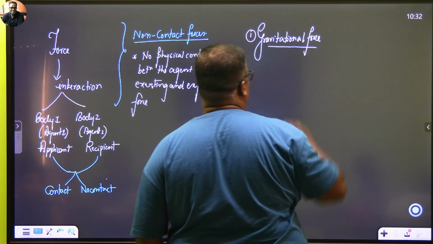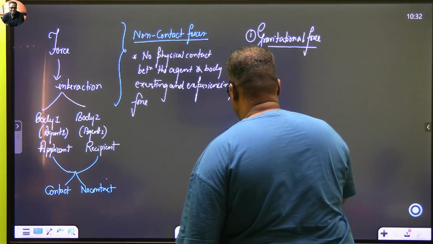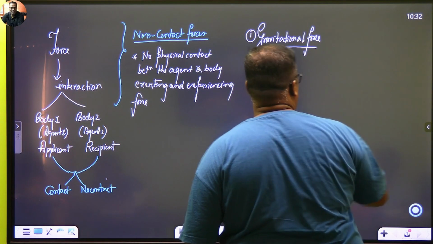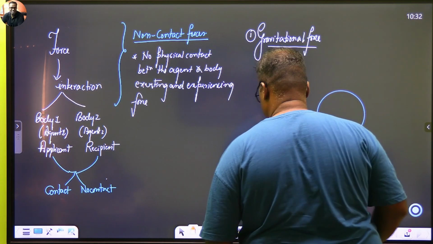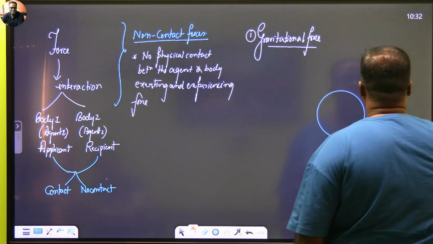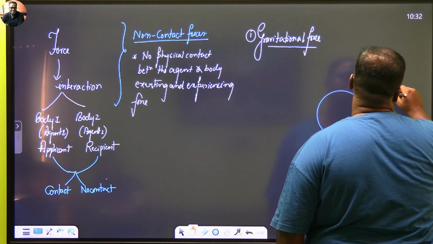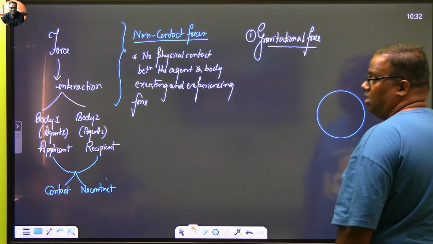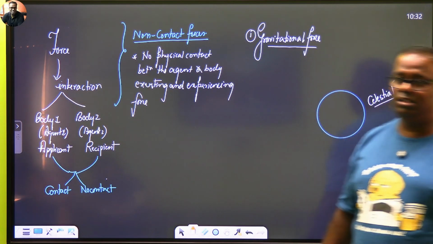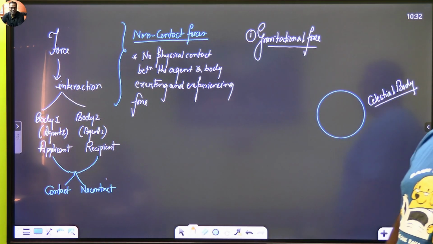What is gravitational force? Now let's say this is a celestial body. See, why I did not make it Earth, because that's what your book will write, and then your thought process comes one way.